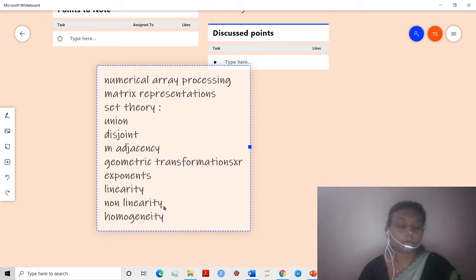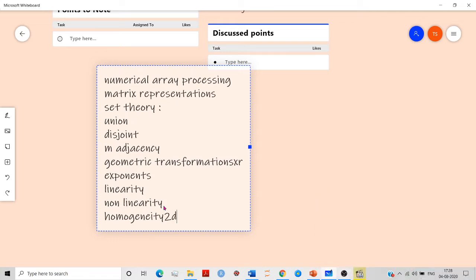And you also need the Fourier transformations. These are 2D Fourier transformations. These are a few basic mathematical knowledge we need for this subject.